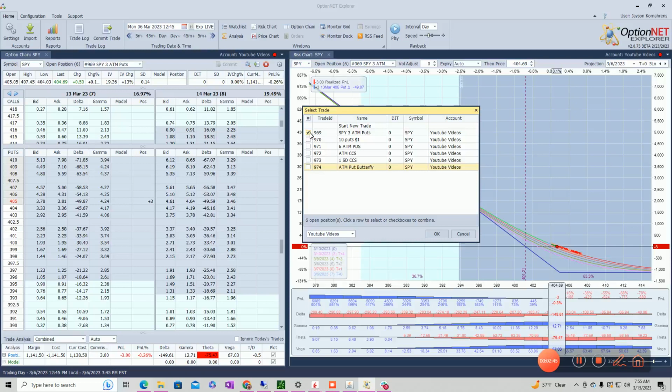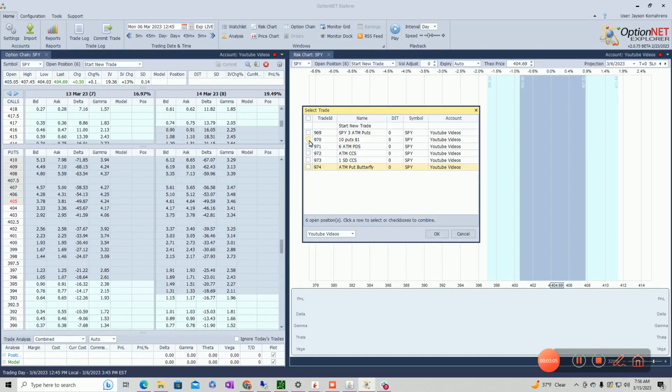That's basically buying 3 puts, and at that cost of 381, that gives us a net debit of $1,141.50.